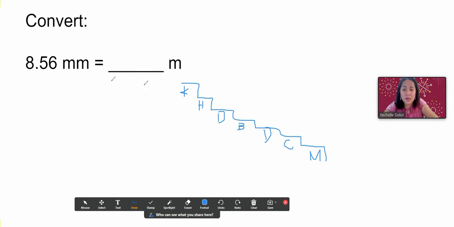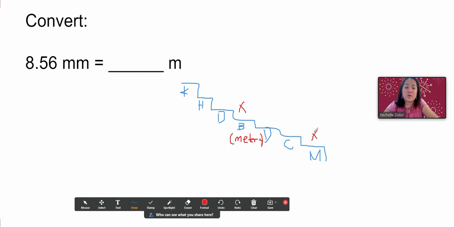Okay, so I have millimeters here, and the basic unit is meters, right? So meters here. So we're gonna stop here.